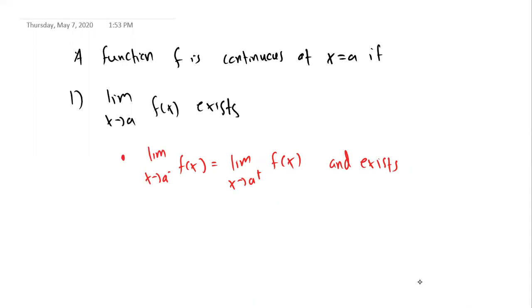So if you have a piecewise function, for example, something like f of x equals x squared for x less than 2, then x for x greater than 2, and you want to find the limit as x approaches 2 from the left, then since we're working with values less than 2, right, the left of 2 is less, you'd be looking at this function.